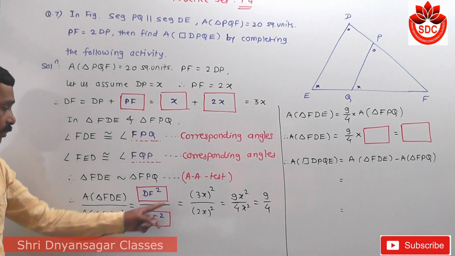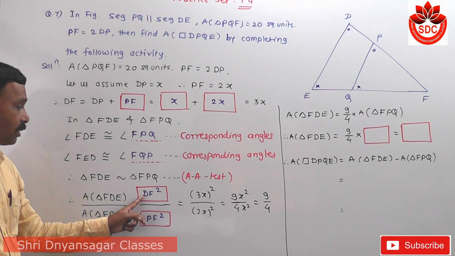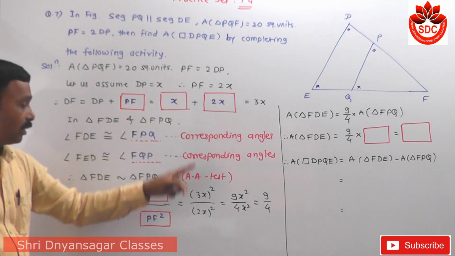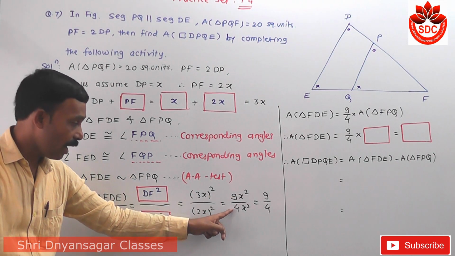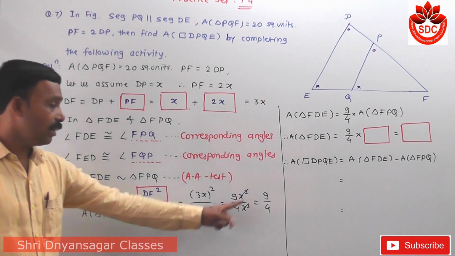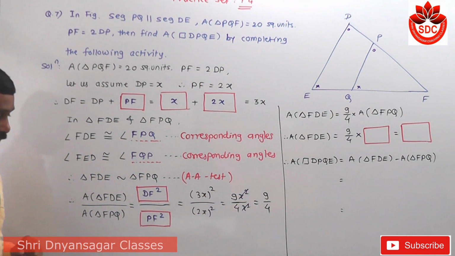Then we substitute their corresponding values. DF is 3x and PF is 2x. Square of it is 9x square and 4x square. This x square gets cancelled, so our ratio is 9 upon 4.